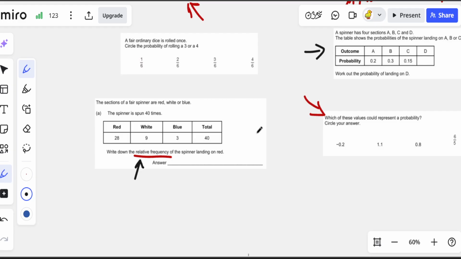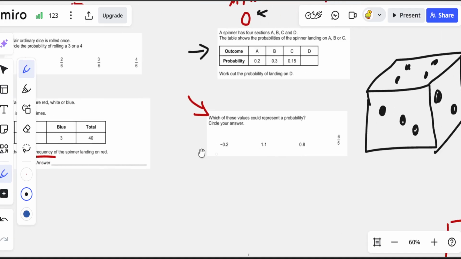Probability is like, okay, that's exactly how much it is, and relative frequency is like, okay, we did a few tries, but not enough to call it probability, but we think that it's close to this. So that's the difference between relative frequency and probability. Relative frequency is not 100% this number, it's just an estimate.